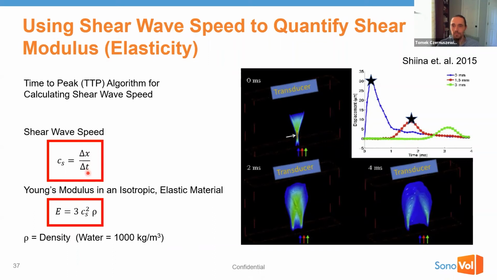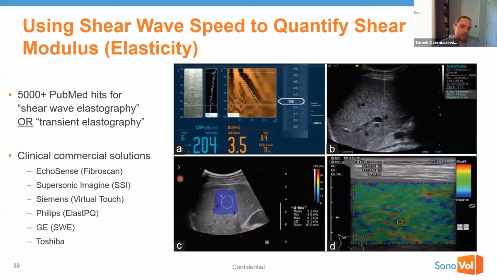Then if we make some mathematical assumptions about the underlying material, that it's isotropic, perfectly elastic, and linear, with a very simple equation we can convert speed into Young's modulus, again the engineering unit of stiffness. The equation is given here: we square the shear wave speed and multiply by the density, which in the case of liver is very close to pure water, and multiply by 3.